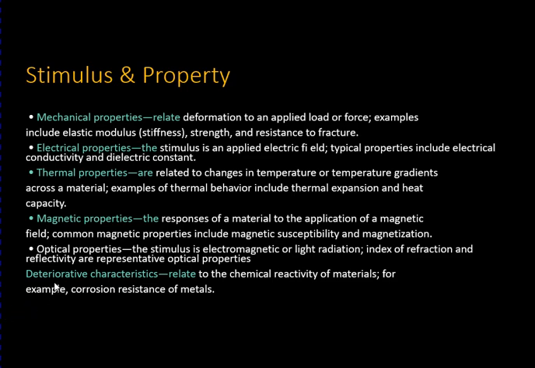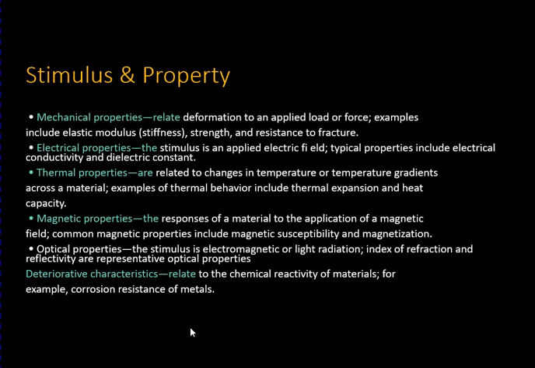Then we have the deteriorative characteristics. Now the deteriorative characteristics relate to the chemical reactivity of a material, for example, corrosion resistance of metals. You know very well that most metals are actually prone to corrosion, and of course corrosion is a chemical activity, a chemical reaction that takes place in the presence of oxygen and moisture.